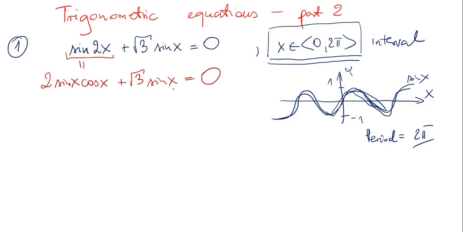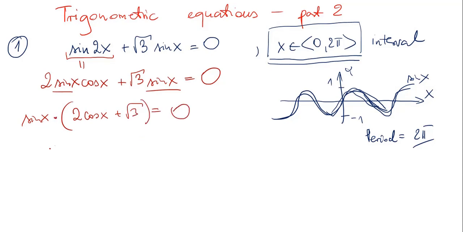We have x everywhere. So now, as you can see, we have sine x in both numbers. So what we can do, we can take this sine x in front of the brackets, and then we get 2 cosine x plus square root of 3 equals 0.